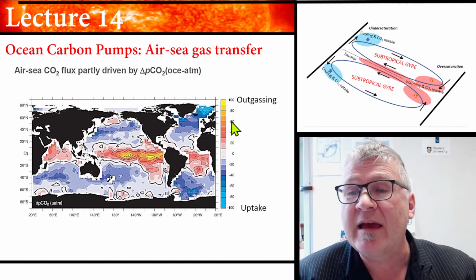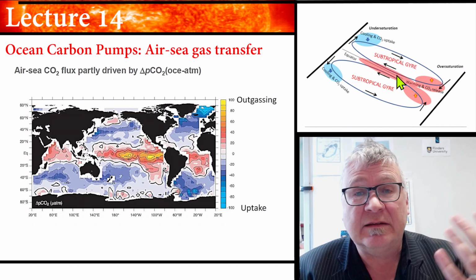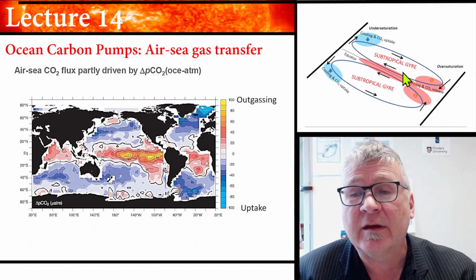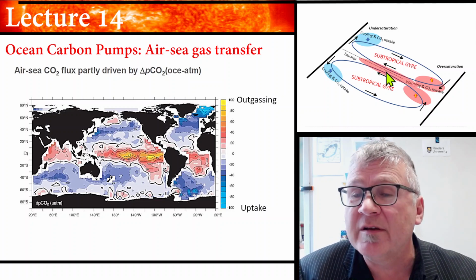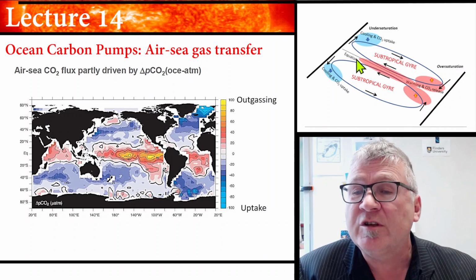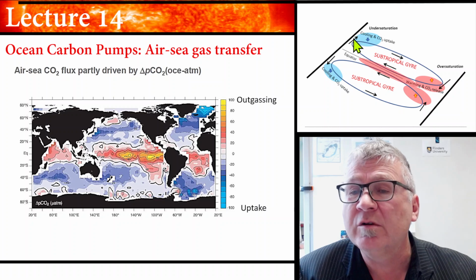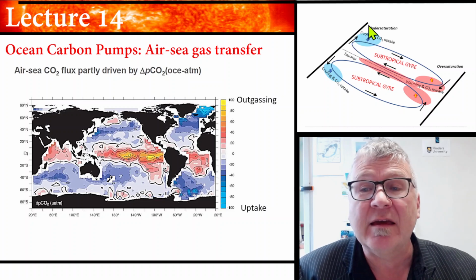It's based on subtropical gyres, which move water masses around, which move warm water on the western side into colder climates, and the cooling creates a CO2 uptake.